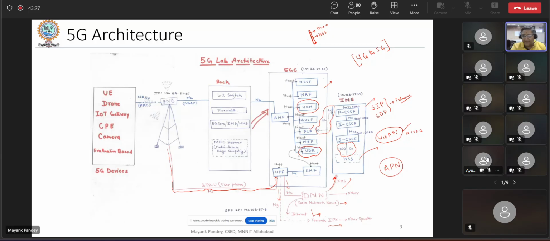And then in the back end, the translation function converts Diameter into a web API call. Meaning if IMS wants to talk to PCF, IMS at its own end sends the things using Diameter, and HSS. IMS knows there is HSS.